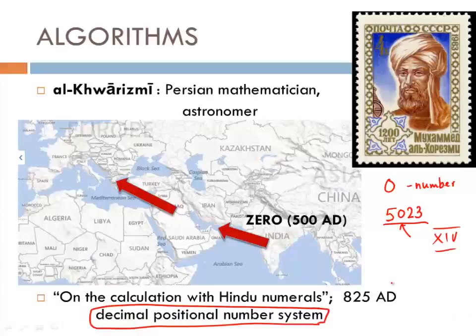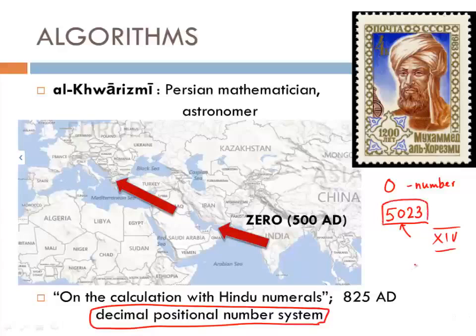In fact, the word algorithm comes from Al-Khwarizmi because he propagated it to the West. He wrote a book called On the Calculation with Hindu Numerals around 825 AD, which was very influential in the West, and in particular in Italy. Fibonacci was a mathematician who was very interested in this system, and he propagated it, and that's how we come to use this today.